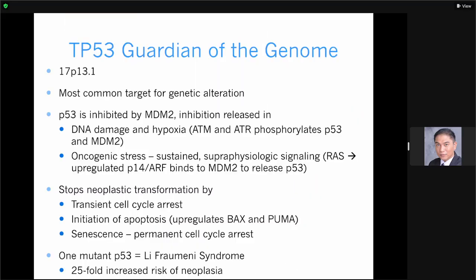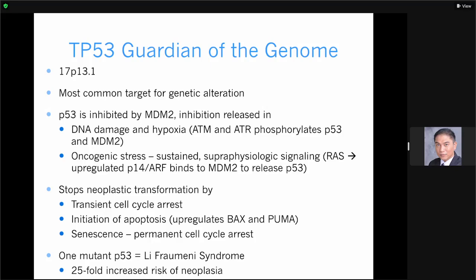P53, TP53, this is the guardian of the genome. The gene is located on short arm of chromosome 17, region 1, band 3, subband 1. And this P53 is said to be the most common target for genetic alteration. They can stop neoplastic transformation by, first, transient cell cycle arrest.